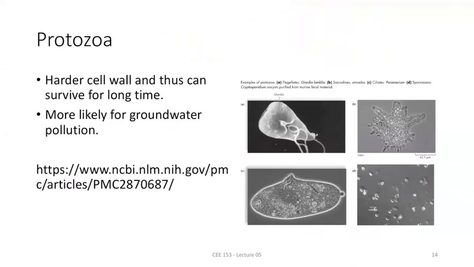For instance, if you have an oocyst outbreak, many times oocyst outbreaks happen in groundwater conditions. That's usually in Wisconsin, all those areas, because they have dairy. There is lots of dairy wastewater, or dairy cows and pigs and all that.